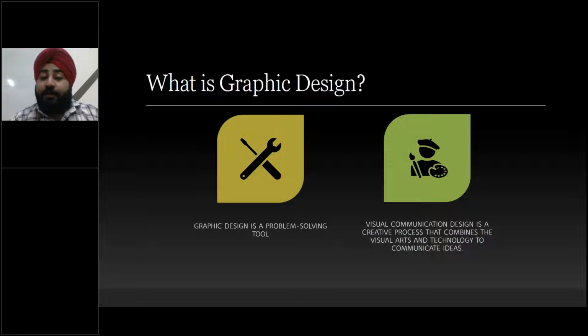Design always provides the solution. Okay, so for a solution we must have a problem. Making the human being sit on something that is above the floor was a challenge for them. So they innovated a design called the chair.